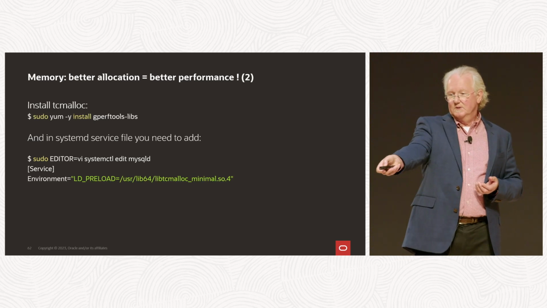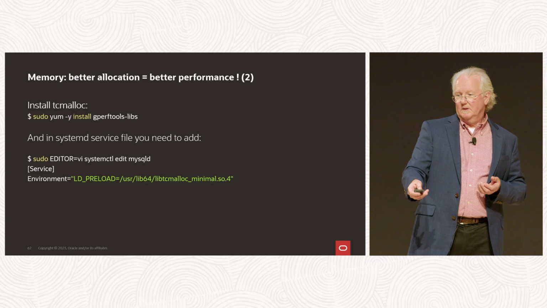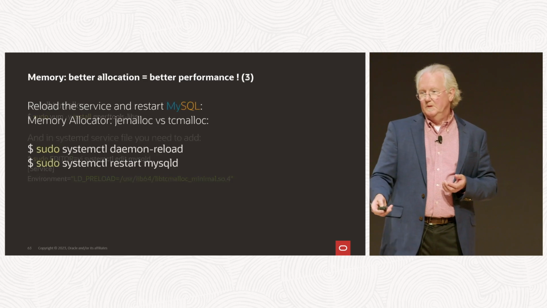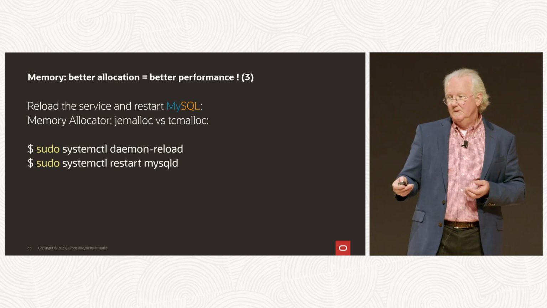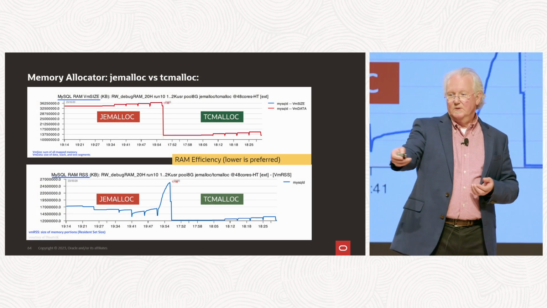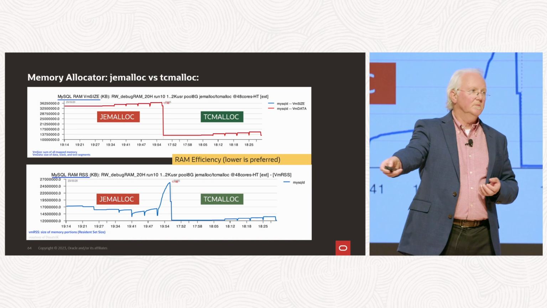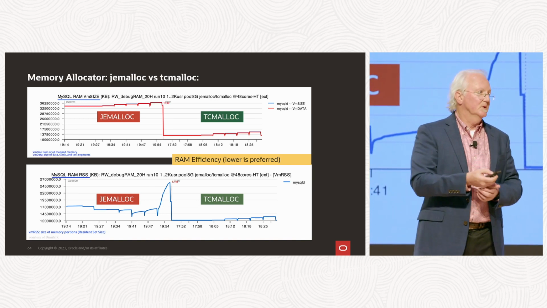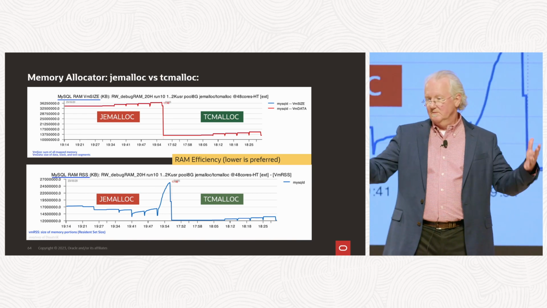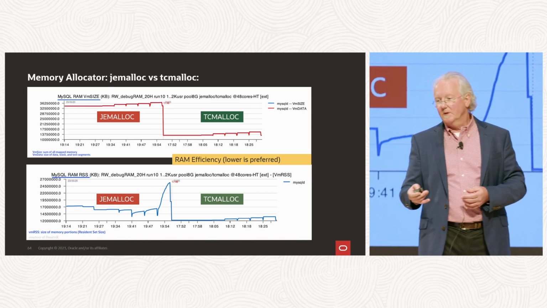You make these changes to the LD_PRELOAD in our environment, and you reload it in the system. And you can see in this case that it's much more efficient on how much RAM we're using, by a lot, right? And so Dimitri, our performance expert, says there's just no reason not to run TCMalloc.